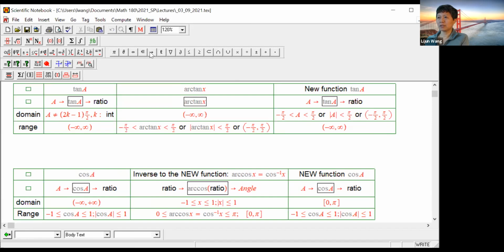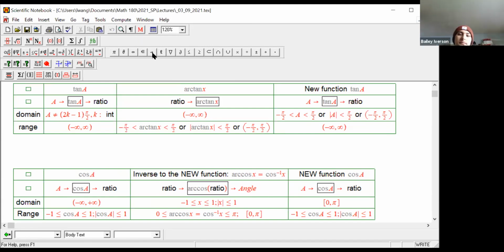What kind of input does it take? A ratio. That's right, it takes ratio. And what comes out? The angle.